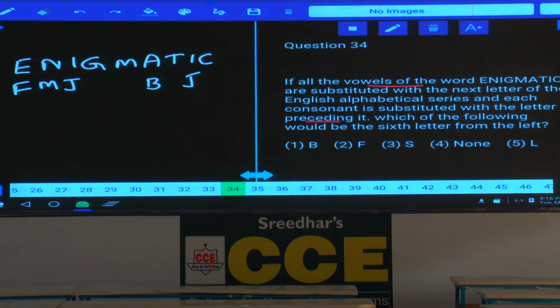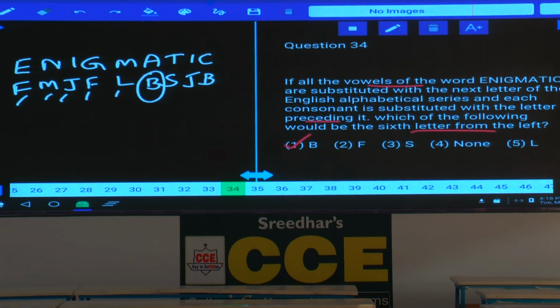N minus 1 is M, G minus 1 is F, and this is L, this is S, and this will be B. Then which of the following will be the sixth letter from the left hand side? Now the sixth letter from the left hand side, 1, 2, 3, 4, 5, 6, that is B is the answer, isn't it?